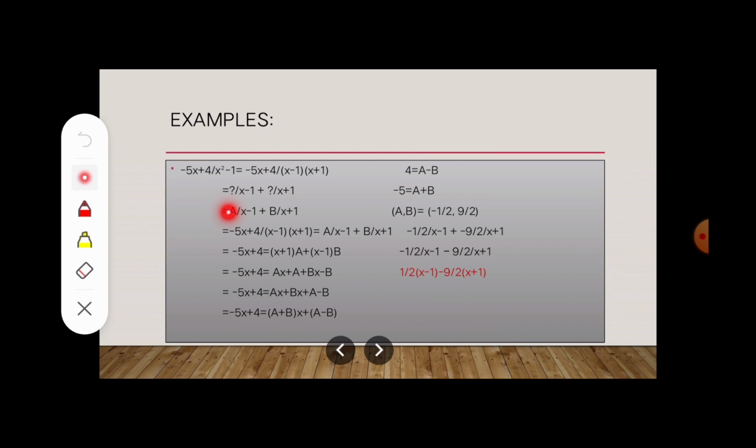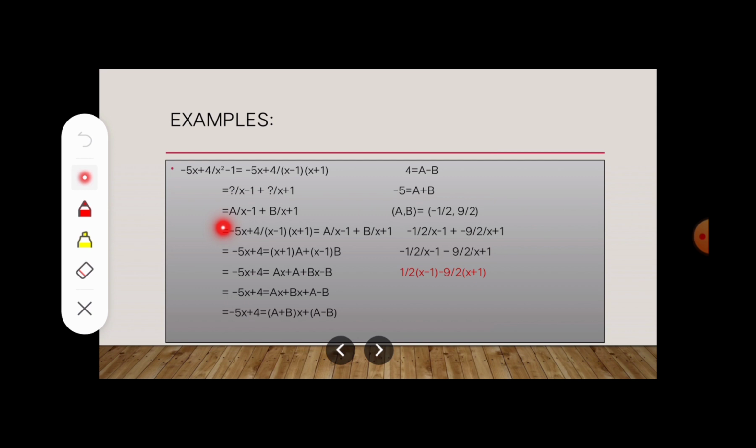So to get the unknown values, set the sum of fractions equal to the original fraction. So we have negative 5x plus 4 all over x minus 1 times x plus 1 equals a over x minus 1 plus b over x plus 1.